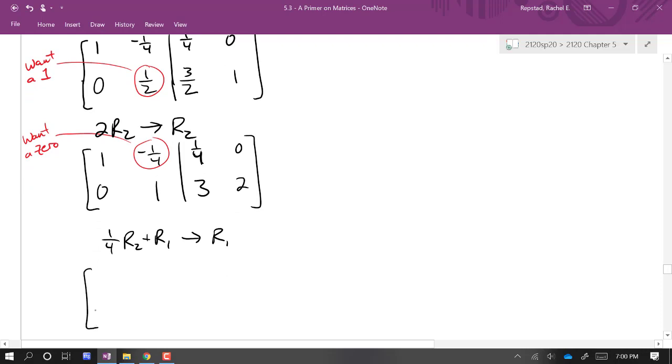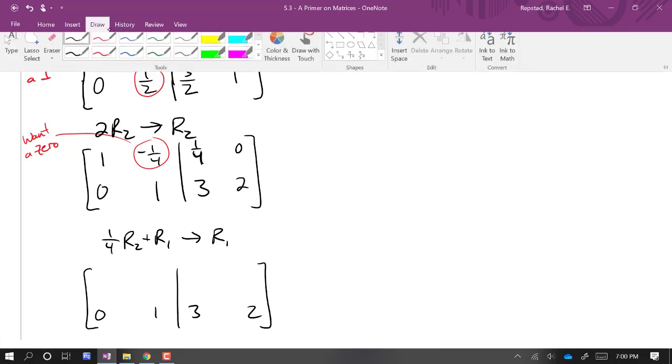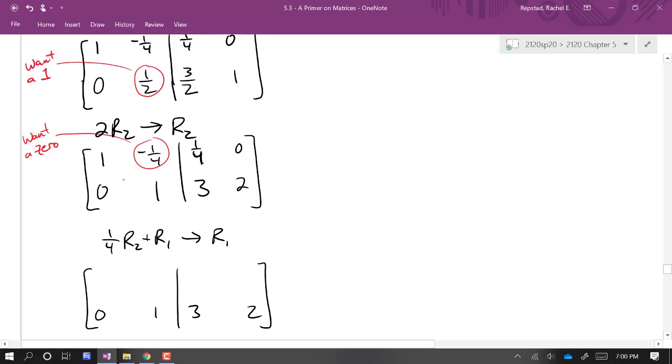Row 2 is left unchanged, so I'm going to write that as is. And above, let's see, I'm going to write out in blue what I get when I multiply each element in row 2 by a quarter. So that would be 0, 1/4, this would be 3/4, and 2/4, or 1/2.